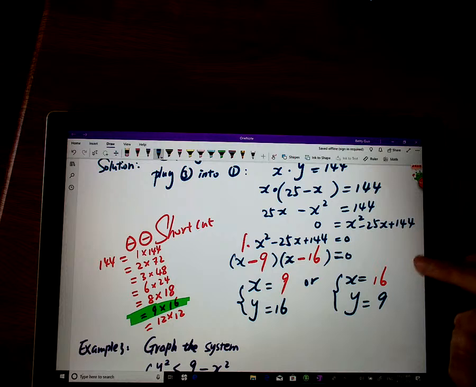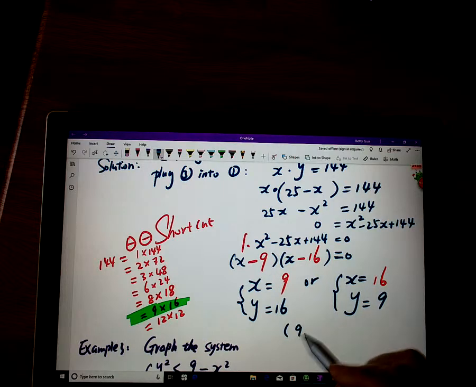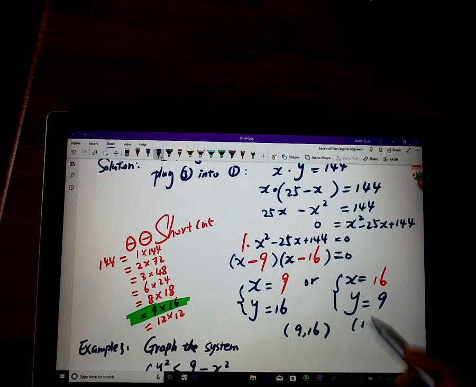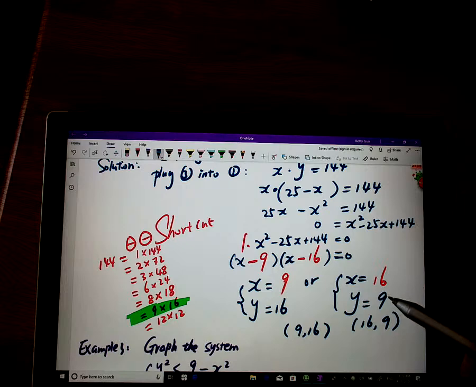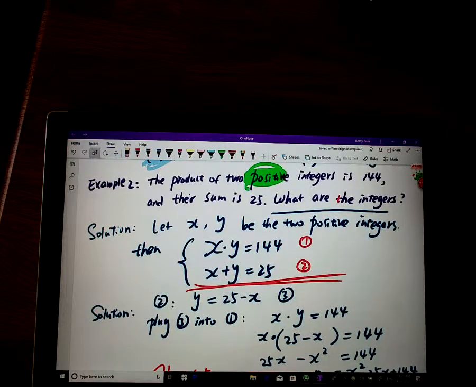If we look at the solution of the system, it does have two solutions. The two solutions are 9, 16 and 16, 9. Again, if you use a graphing calculator, you would see the two intersections of the hyperbola and the straight line. However, this is a word problem, right? We're looking for two integers.